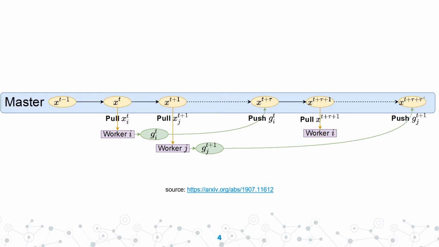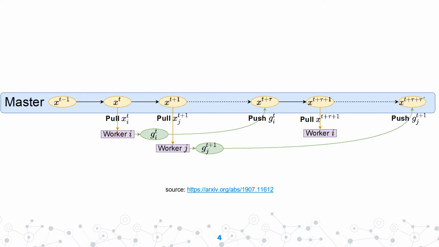Here we see an illustration of the ASGD training process. At time t, worker i pulls the most recent parameters x_t from the master. Worker i then computes a gradient g_i^t based on parameters x_t. When the worker finishes computing the gradient, it pushes it to the master.